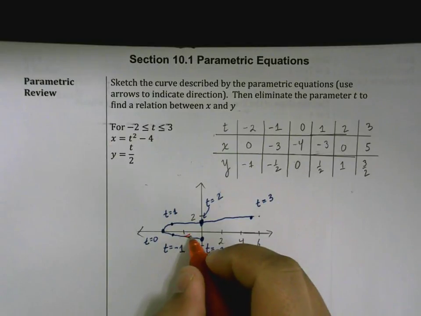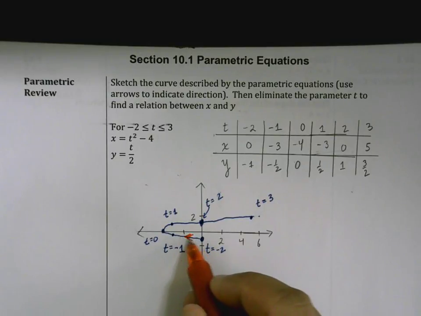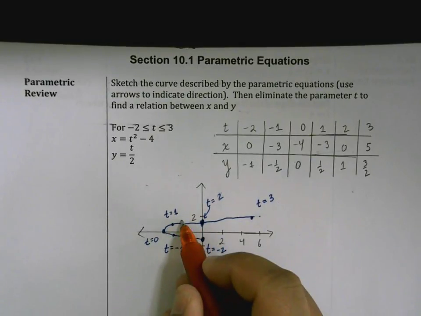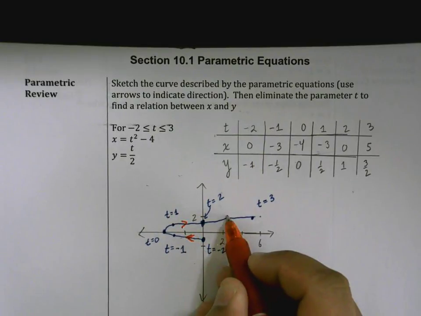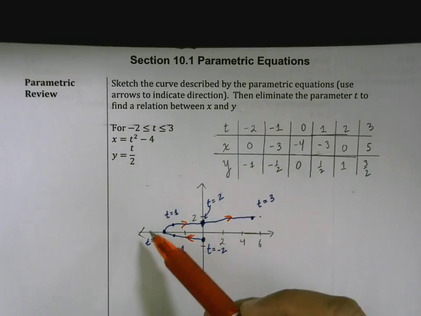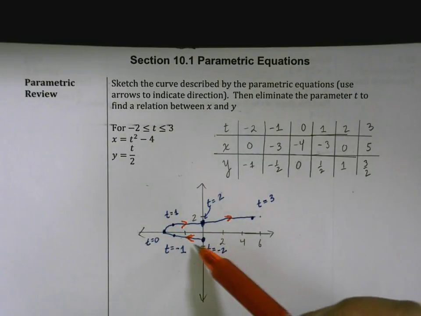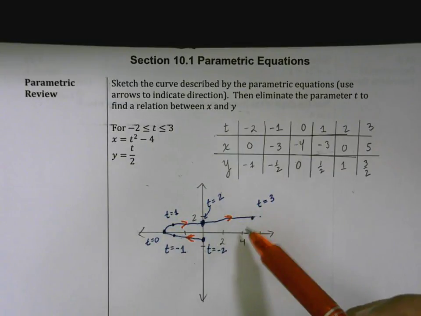In this case, you can see that when t is a small value, it's over here, and as t increases, it moves along this path. So just use a couple arrows here, 3 arrows altogether, that indicates the path of this graph. And again, practically, this could represent the path of some particle or some object that moves in this way.